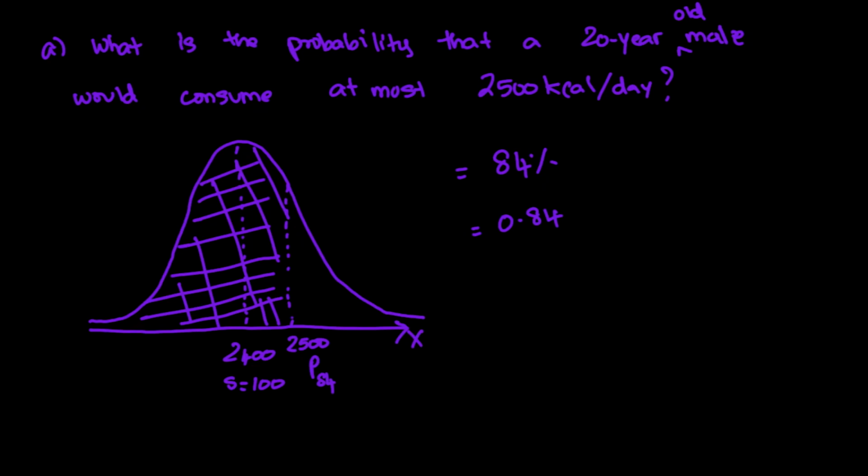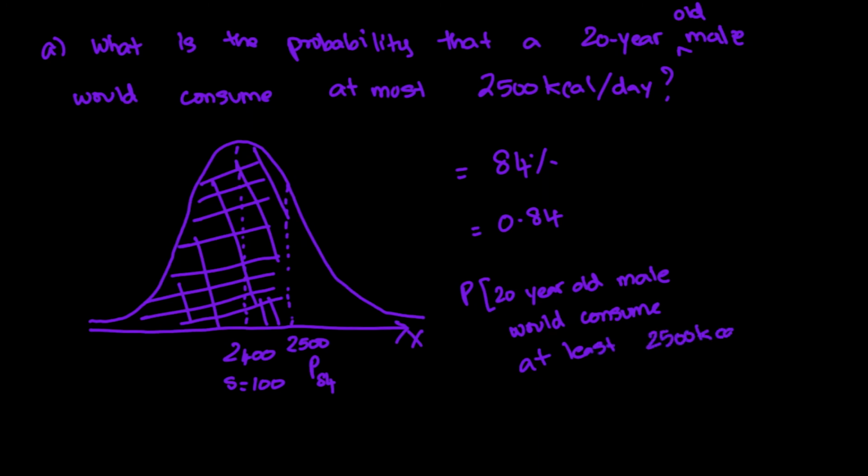So using the same problem, we can also find the probability that a 20-year-old male would consume at least 2500 kilocalories per day. Now, we already know at most is P84, at least is anything above 2500, so it's 2500 or more.